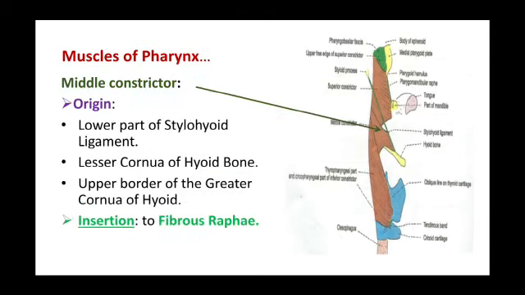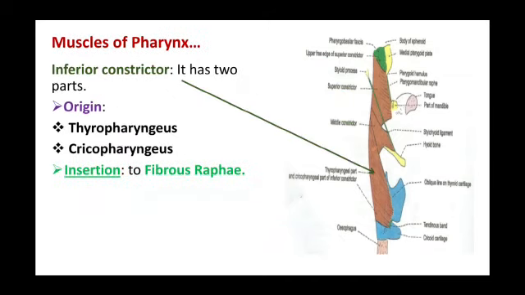The middle constrictor muscle originates from the lower part of stylohyoid ligament, lesser cornu of hyoid bone, upper border and greater cornu of the hyoid bone, and similarly it is inserted to the fibrous raphe. The inferior constrictor muscle has two parts, the thyropharyngeus and cricopharyngeus.